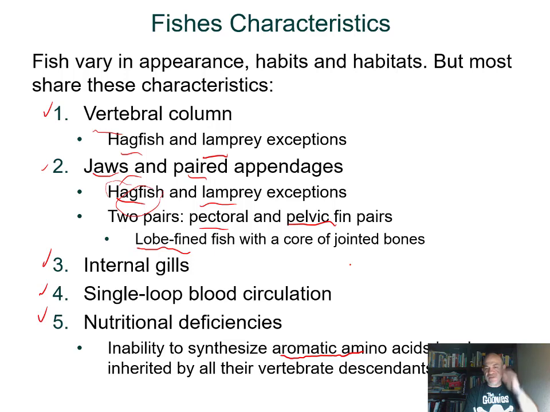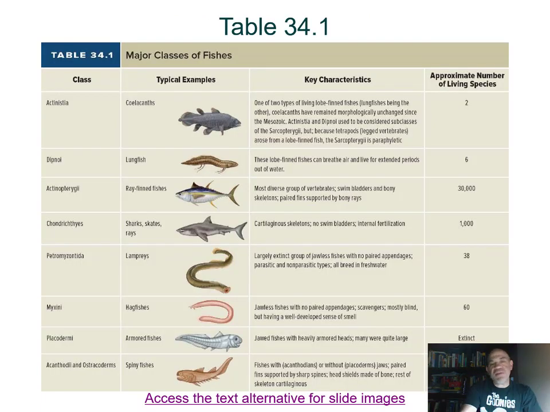So the aromatic amino acids are a subclass of those 20 amino acids we use. And all the vertebrates that are alive today inherited that deficiency from fish. And we have even more amino acids that we need to get in our diet. I think it's 7 that are essential in your diet. You get them all by eating beans and rice, by the way.